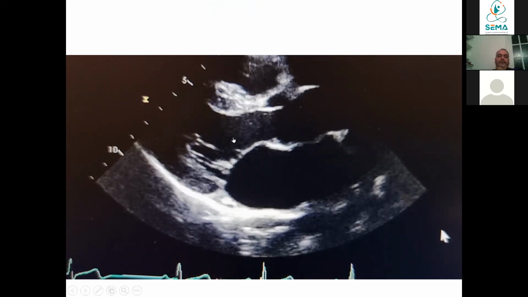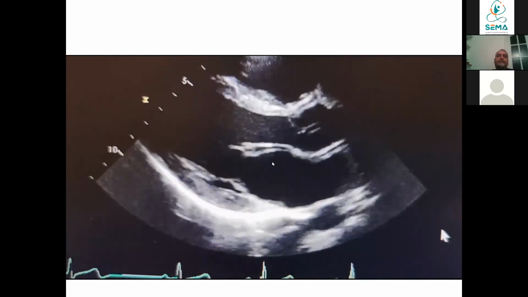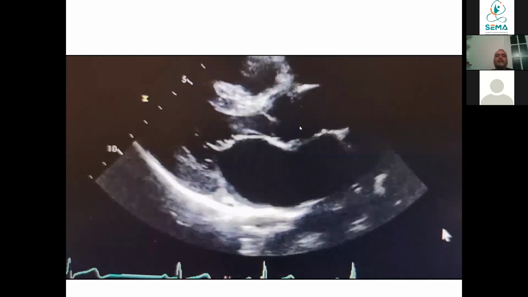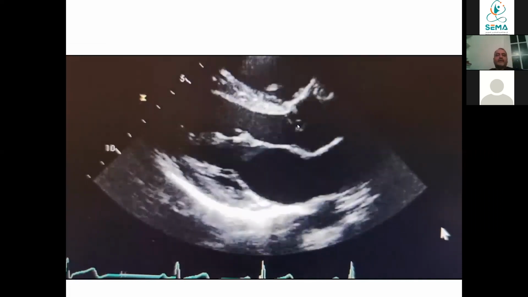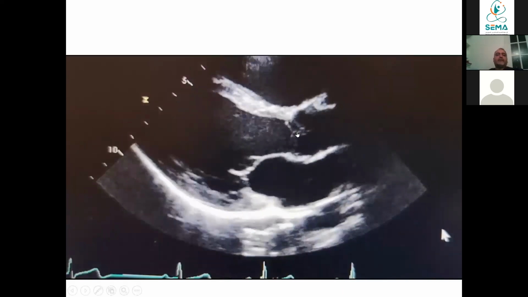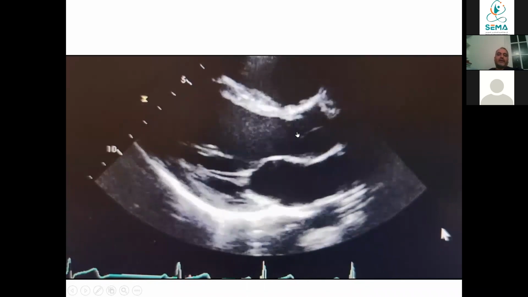Sometimes you want to concentrate more on the mitral valve or the aortic valve in this view. So you want to see if there is atresia or stenosis or aortic leakage.